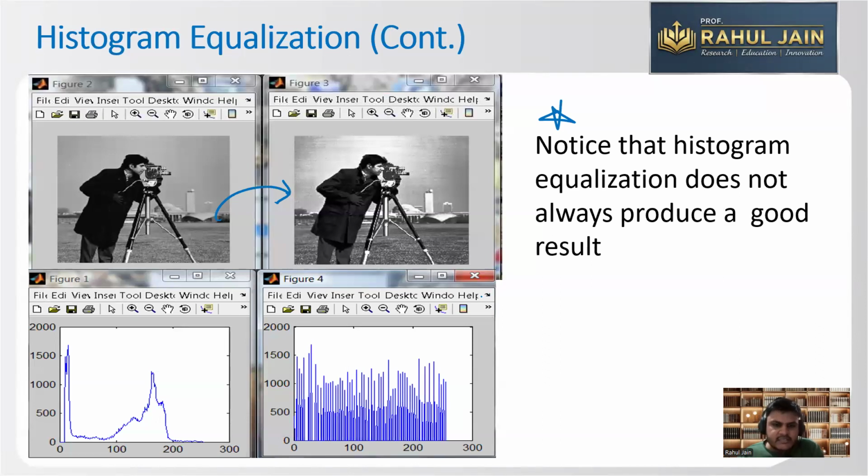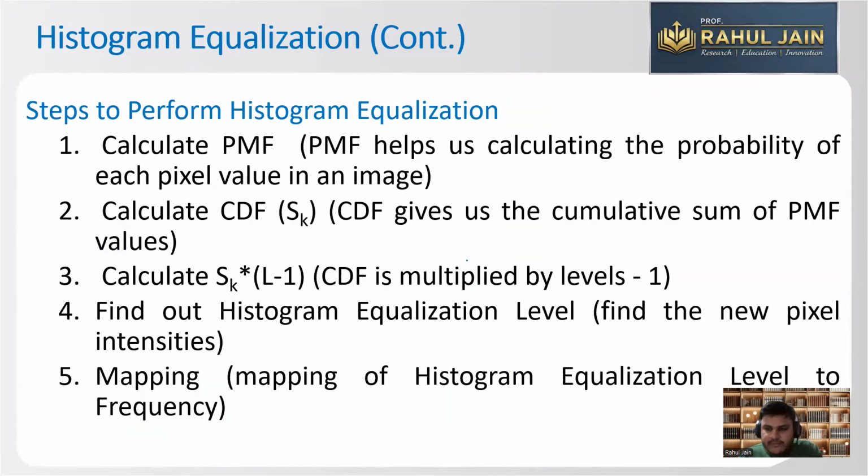But normally we use histogram equalization for uniform distribution of a narrow range of intensity values, so that we can do image enhancement and analyze the image more efficiently and with more visibility, right?